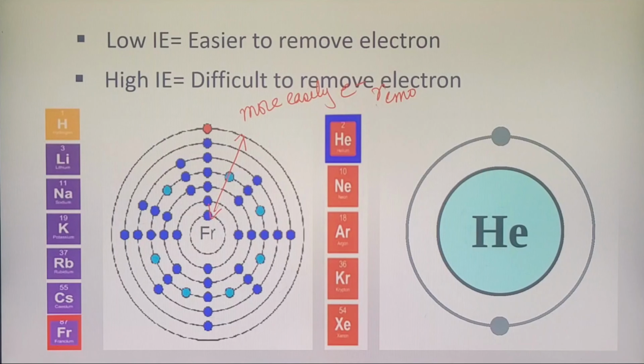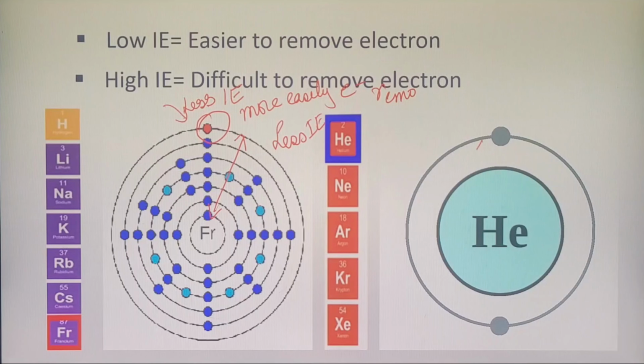So if it can be removed more easily, less will be the ionization energy. The farther away the electron is from the nucleus, the easier it is for me to remove an electron. So I can remove the electron more easily. That means I have to provide it with very, very little energy or very, very little ionization energy.